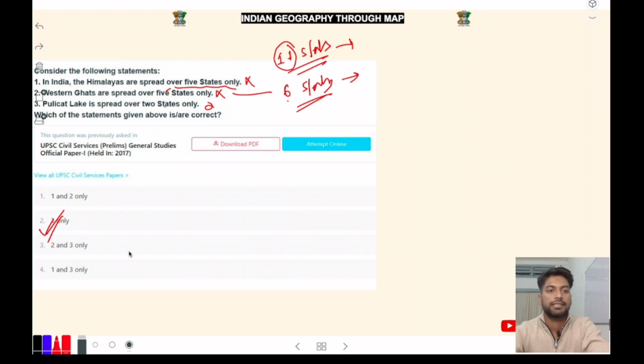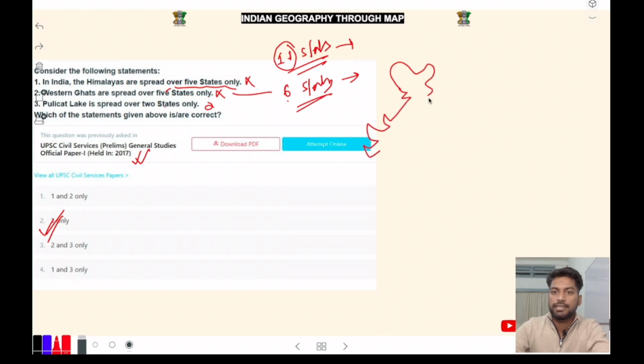Okay, this question was in 2017. That's why you need the map. If you know the map, you will know which states the Himalayas are in. It is not even 6 states, it is much more. Look: Ladakh, then Himachal Pradesh, Uttarakhand, then here is Sikkim, then Arunachal Pradesh, then Nagaland, Manipur, Mizoram.